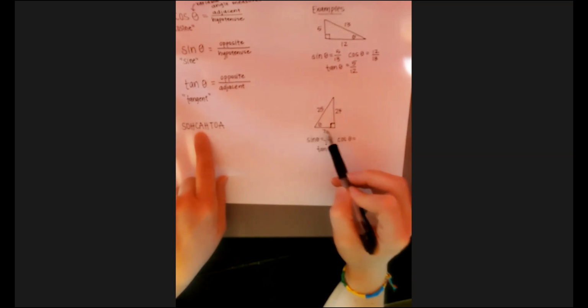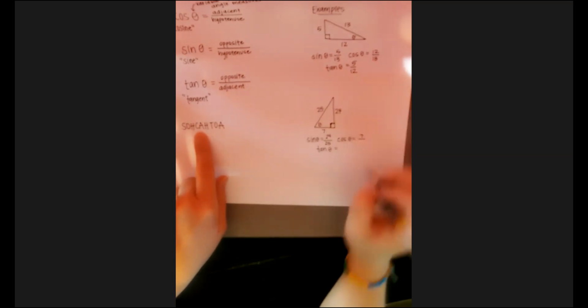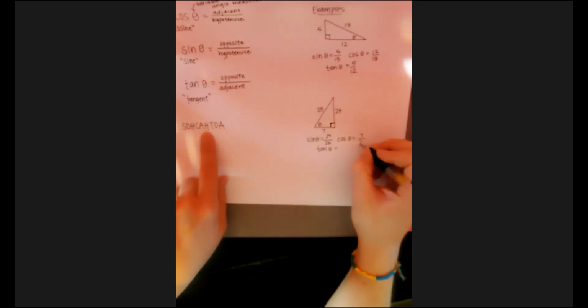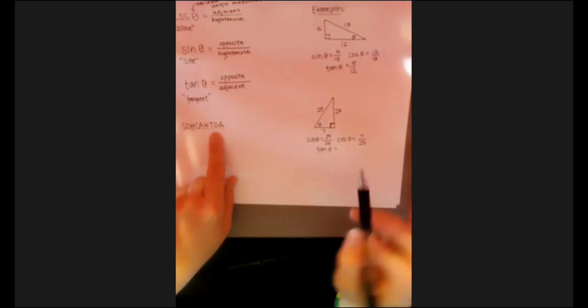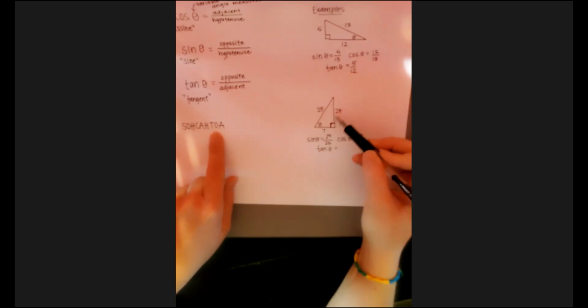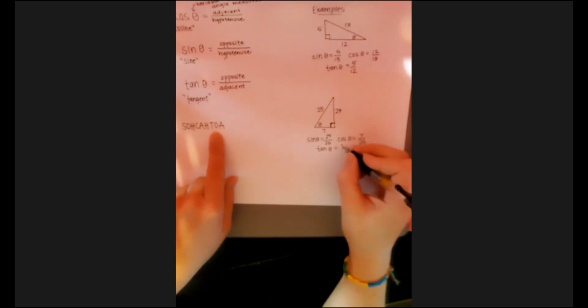Cosine is A for adjacent. The adjacent side is 7, the hypotenuse 25. And the tangent is the opposite side over the adjacent side, or 24 over 7.